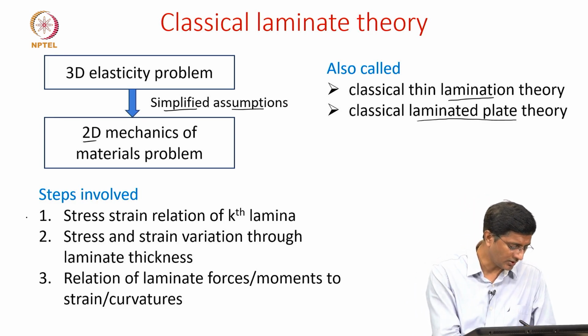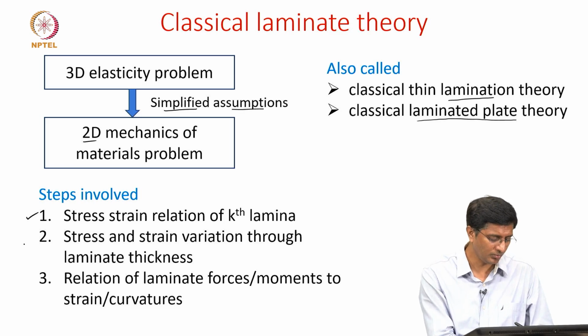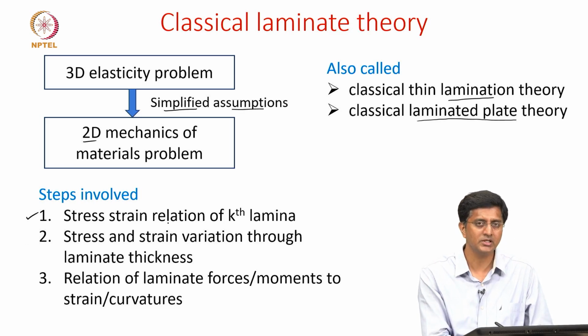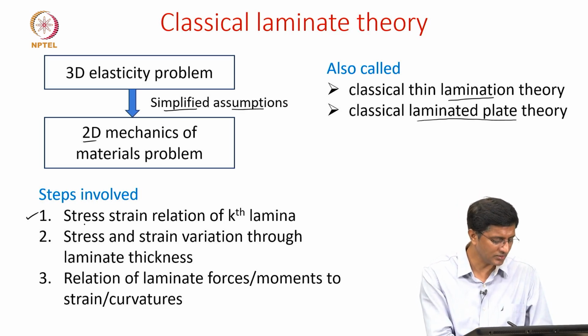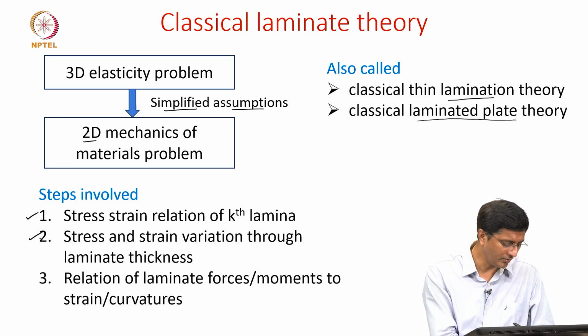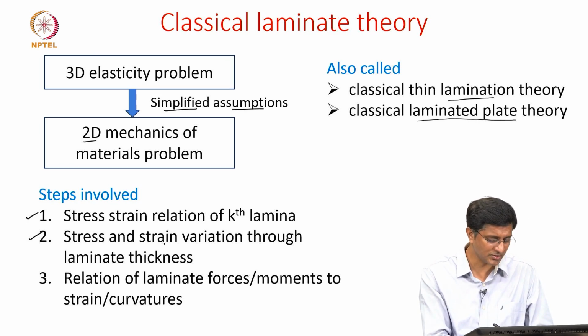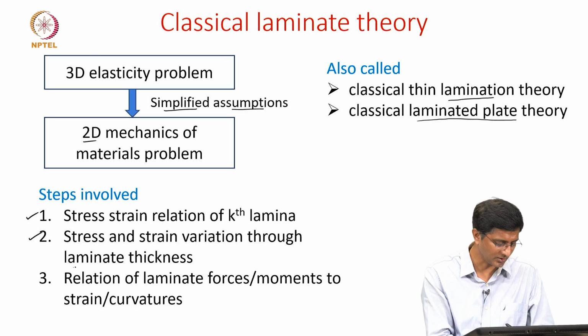First, we'll be starting by recapping what we already know about the stress strain relations in a lamina. When we discussed micromechanics of lamina, we already discussed the relation between the stress and strain. So that's what we'll recap. After that, we will look at the stress and strain variation through laminate thickness.